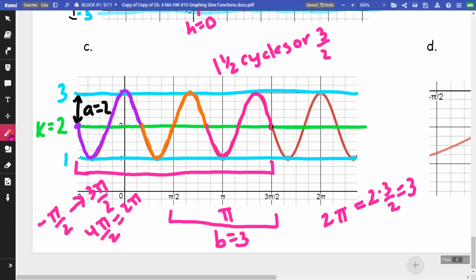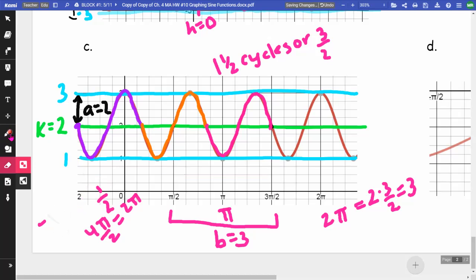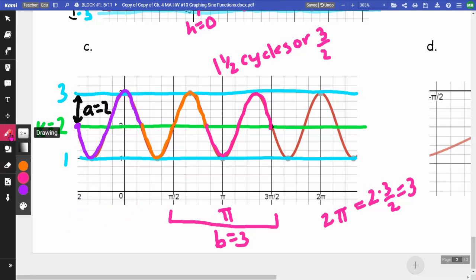That might be a little more confusing way to think about it, since this isn't nice. But if you can find 2 pi and see how many cycles you have, that is going to be your B.